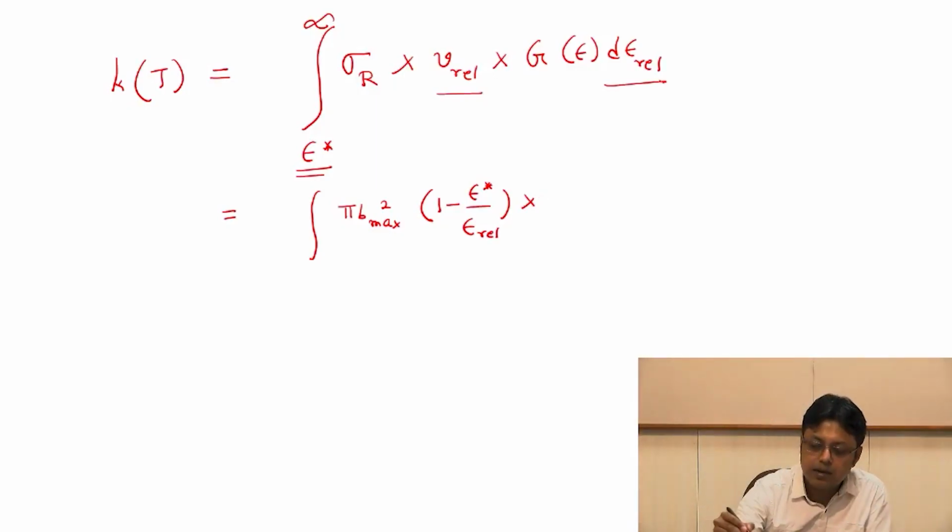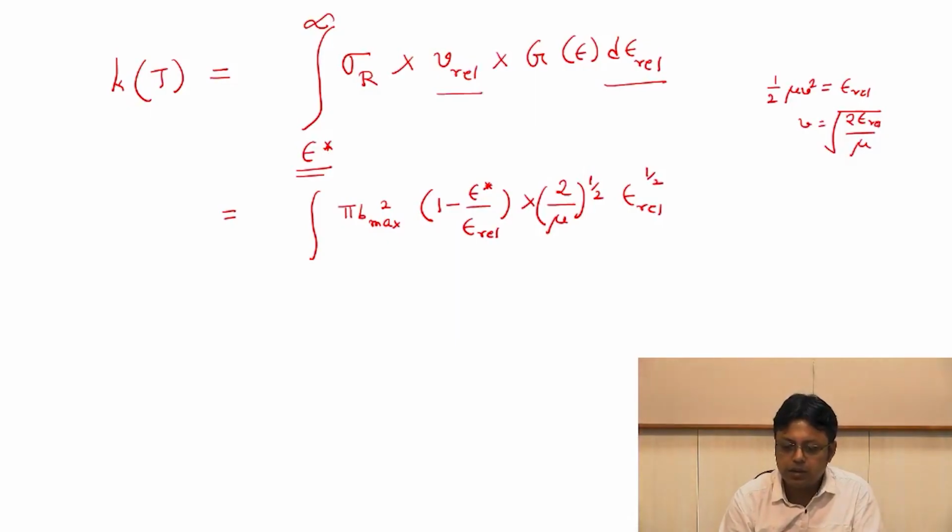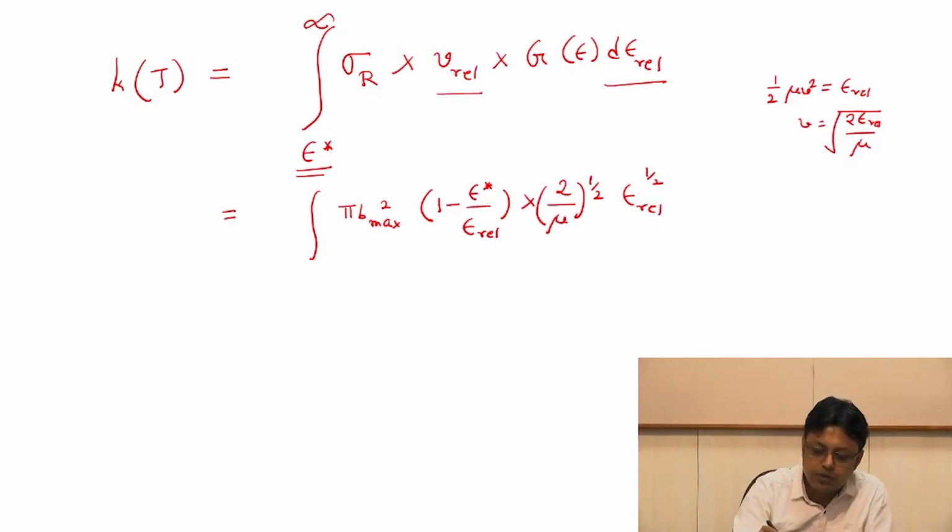So you already know that half mu v square is epsilon relative. So v is the square root of twice epsilon relative divided by mu. So we write it as 2 by mu, square root of that, and epsilon relative to the power half. And then I have g epsilon d epsilon, which is the distribution function.